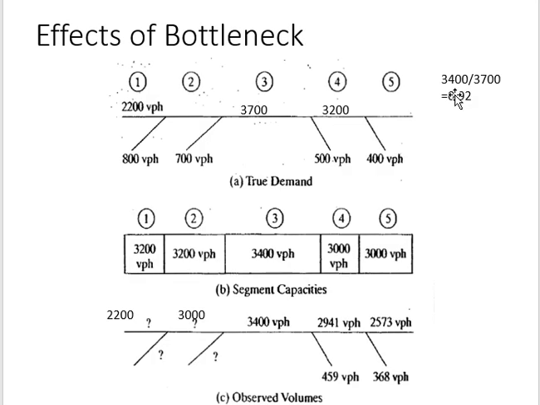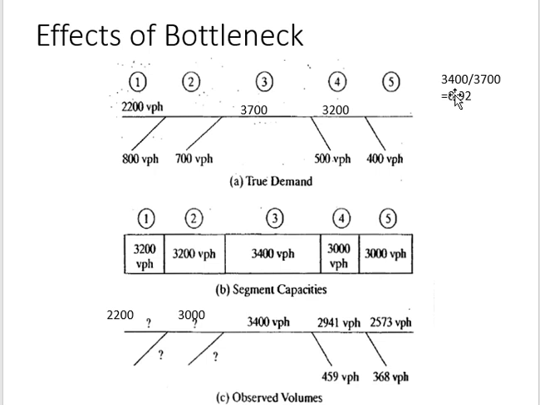Now somebody asks you, I have a problem on this highway. You analyze this data and you say segment 3 is a bottleneck. We must do something about segment 3. Somebody comes and says, okay, let us increase the number of lanes. It will make segment 3 bigger, so it will have the demand now. So you make segment 3 bigger and the demand was 3,700, so the volume will be 3,700.